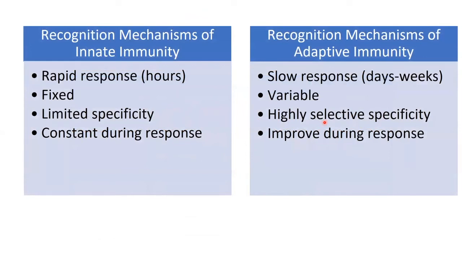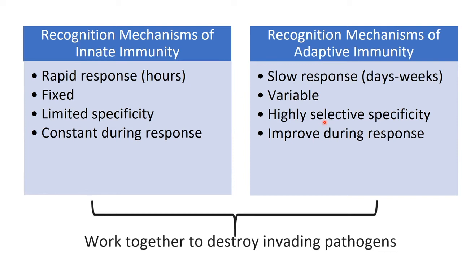So again, the contrast: innate immunity has a rapid response time, a fixed repertoire and a limited specificity, versus the adaptive immunity, which has a slow response, takes days to kick in, and is variable and highly selective, and it improves during the course of the infection response, and also establishes memory of specific antigens that it encounters.